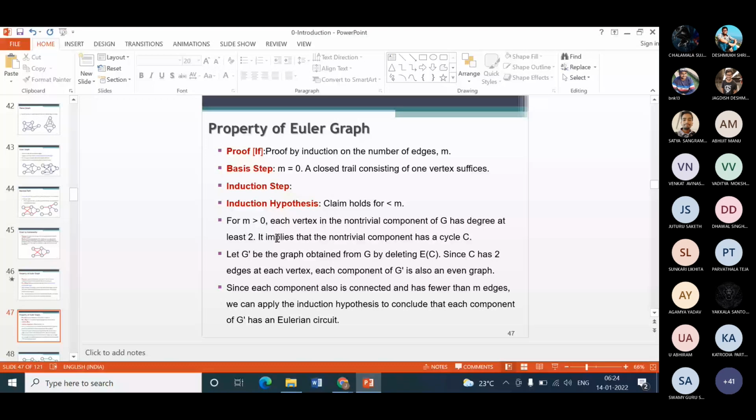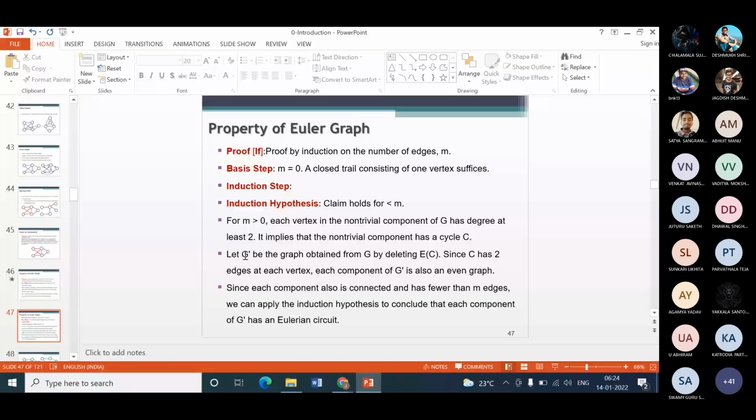Now I delete that cycle from the graph and create a new graph G prime. Since C is a cycle, it is an even graph. The original graph G is also an even graph. So G minus C, that is the graph G prime, is also an even graph.